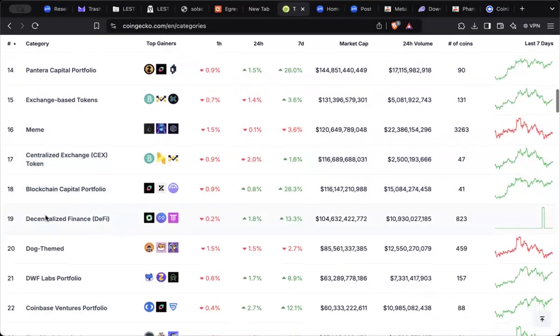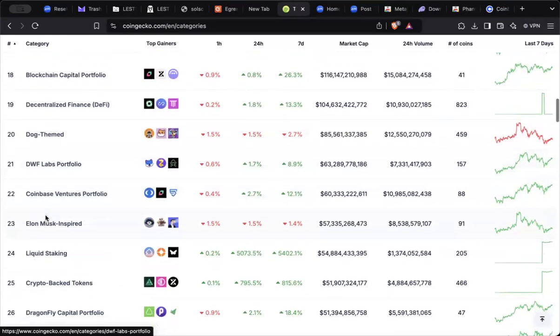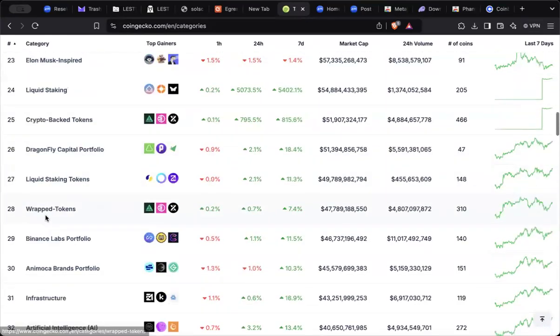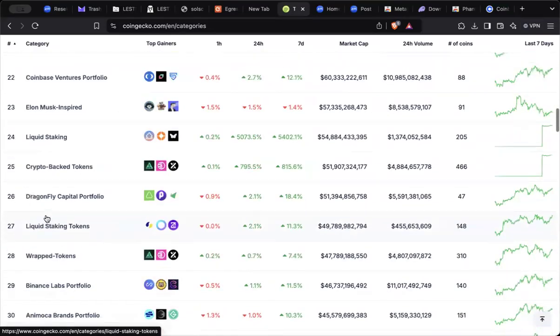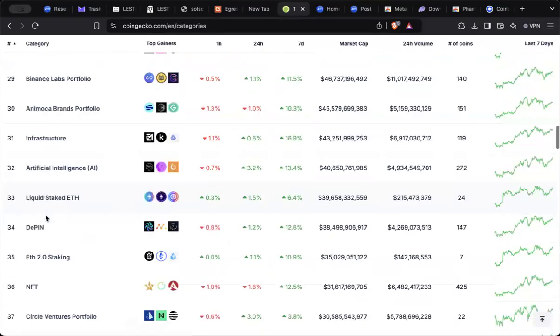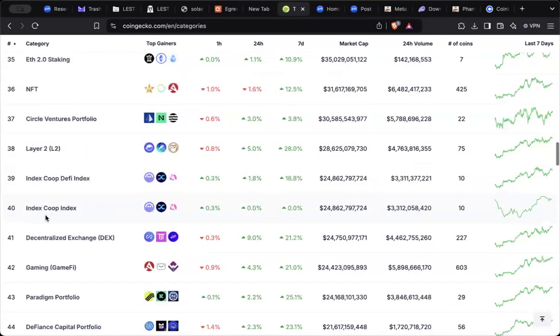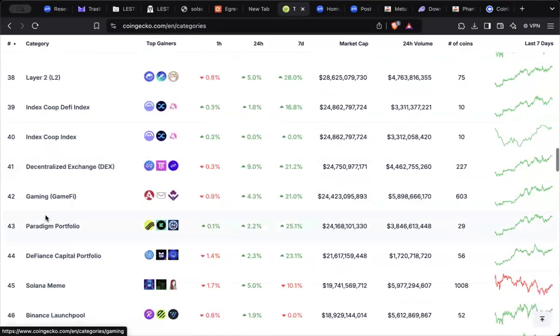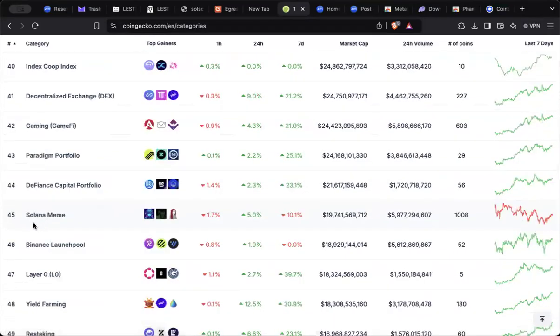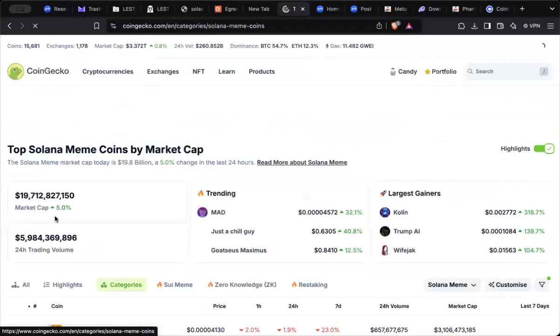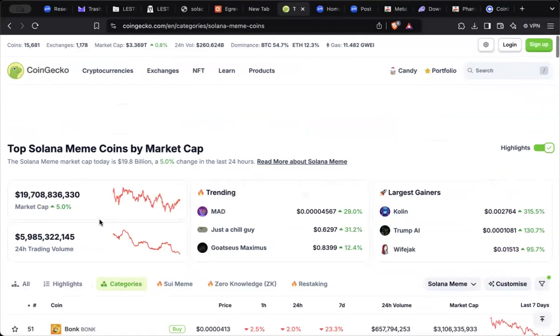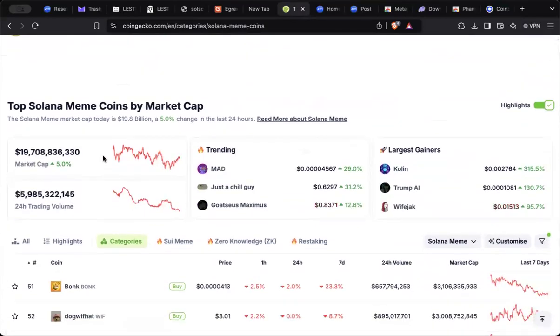If you scroll a little bit further, it will also give you information on other things like different ecosystems. But right now, if we scroll all the way down to 45, which is Solana meme coins, because we're just looking at the Solana ecosystem, and you click on that, it will tell you everything that's going on in the Solana system.